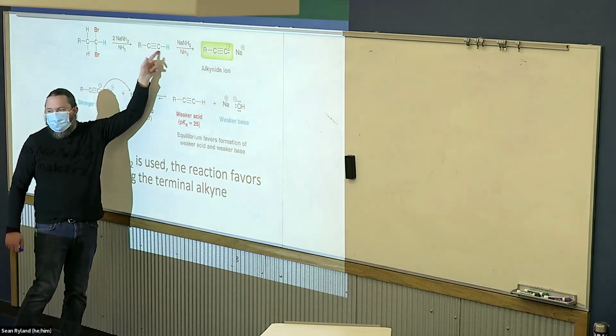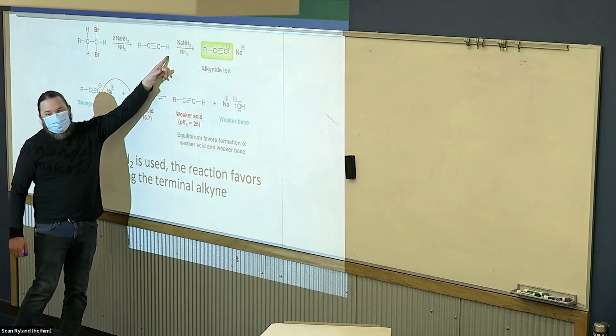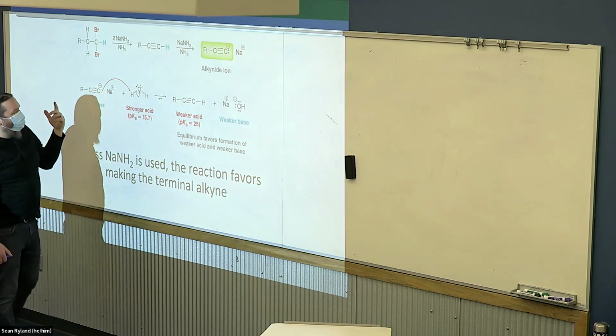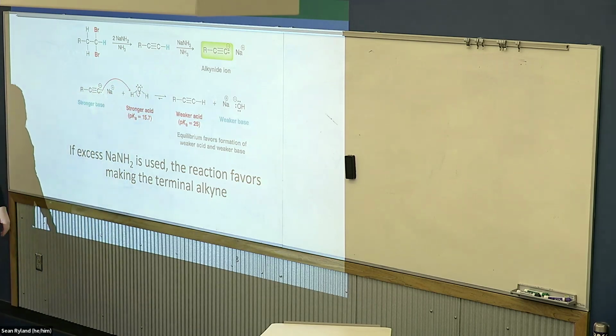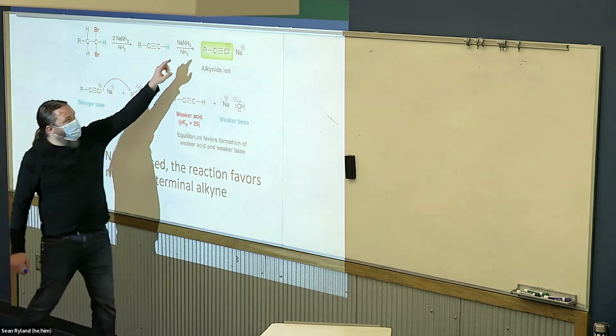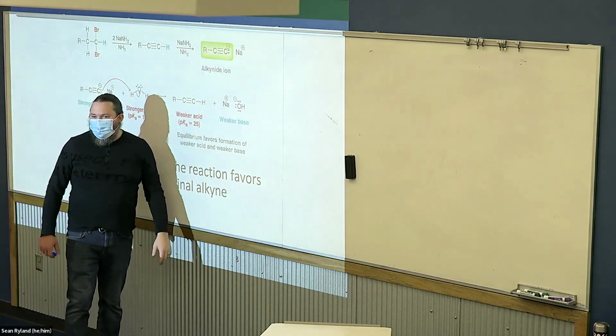If we have a hydrogen attached to our alkyne, that's fairly acidic. Not that acidic, but more acidic than most alkane hydrogens would be. We still have to use a really strong base to get there. But what that allows us to do is turn this into a nucleophile.